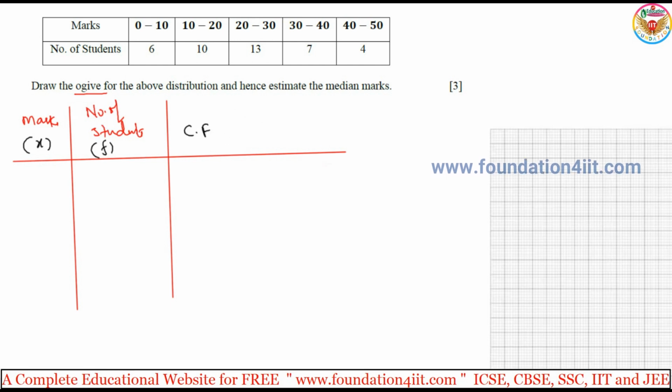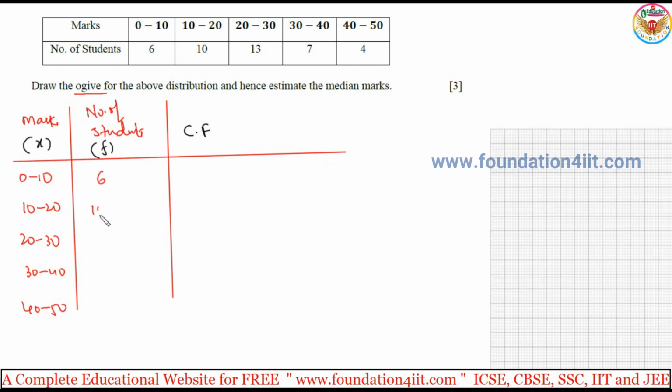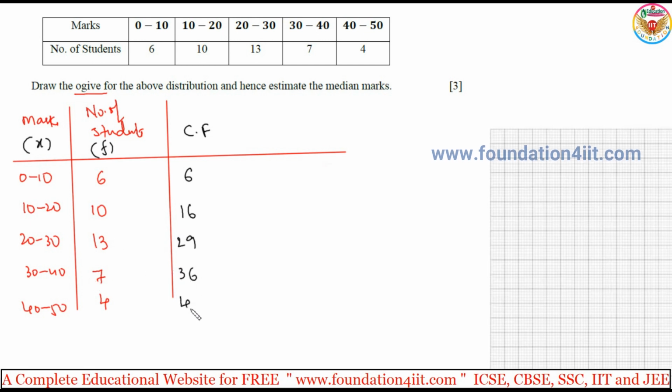According to this problem, 0 to 10, 10 to 20, 20 to 30, 30 to 40, and 40 to 50. Number of students is 6, 10, 13, 7, 4. Yes, we can find the cumulative frequency. First number is as it is, 6 plus 10, 16 plus 13, so 29 plus 7, 36 plus 4 is 40. So here n is equal to 40.